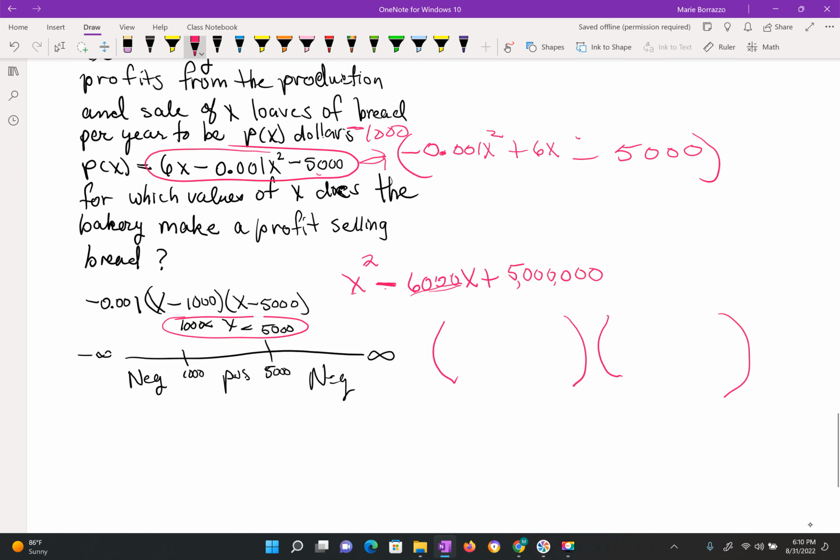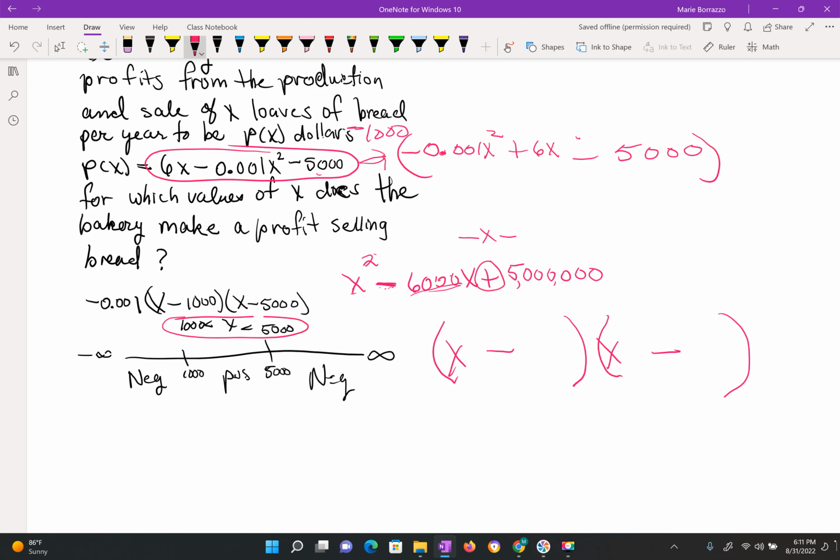Go back to FOIL. Two x's, so x and x. This is a positive, so it has to be a negative times a negative, two negatives, because the middle term is negative. Then two numbers that multiply to give you 5 million. Take out the zeros and think of two numbers that give you 5 as a multiple: 1 and 5, and they add up to 6.